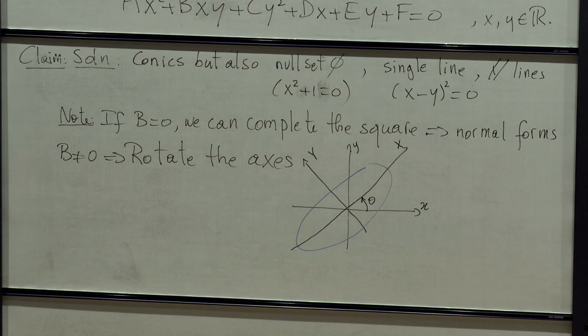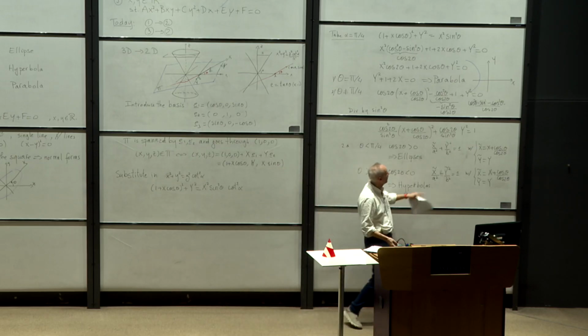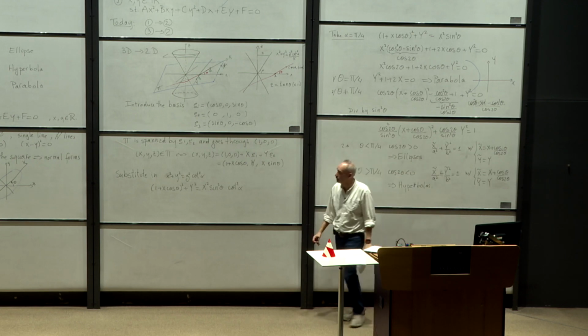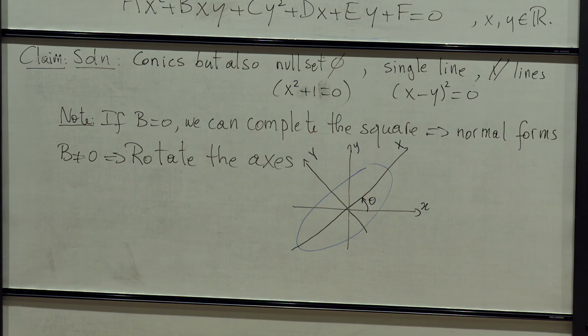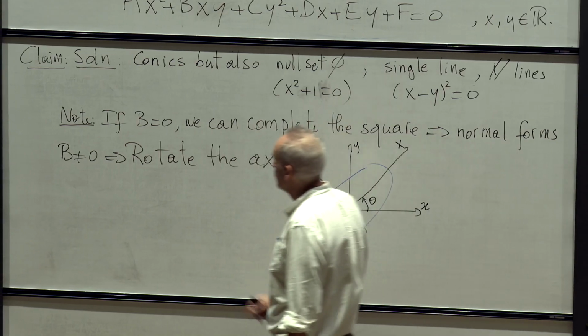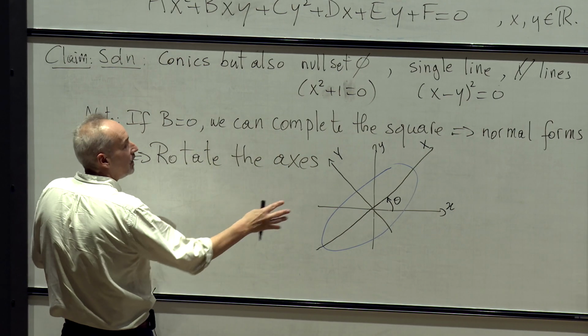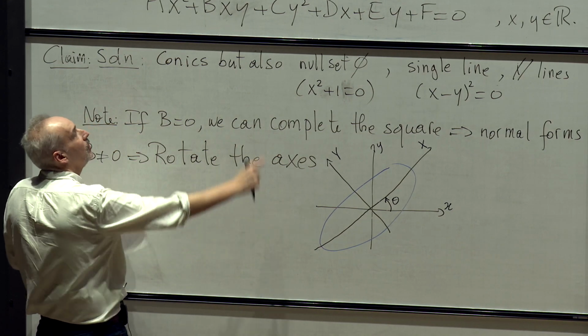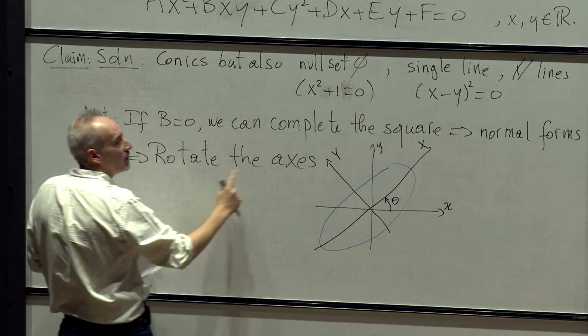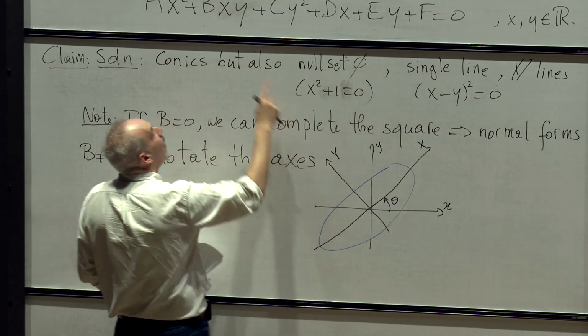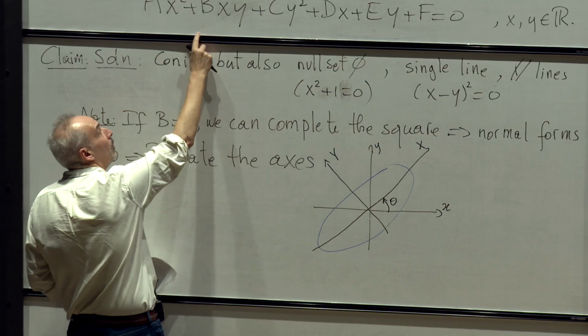I'll be back in this case. So the geometric effect of the rotation is to change variables to big X and big Y, where in these new variables, b should disappear.